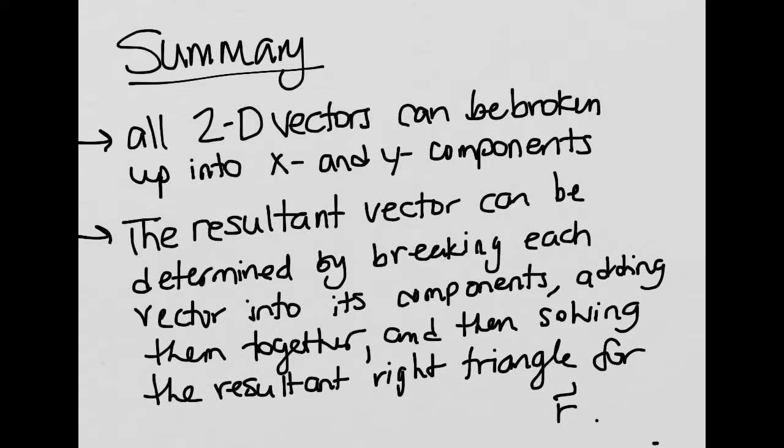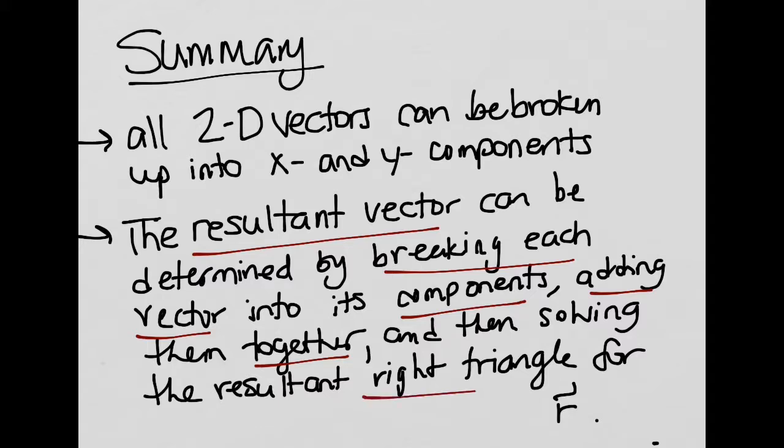When we're looking for the resultant vector, that can be determined by breaking each vector into its components, adding them together, the horizontal with the horizontal and the vertical with the vertical, and then bringing those two directions together to create a right triangle for the overall resultant vector R, which we learned how to solve yesterday using SOHCAHTOA and the Pythagorean theorem.